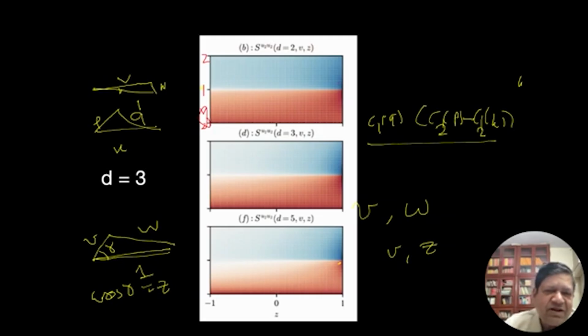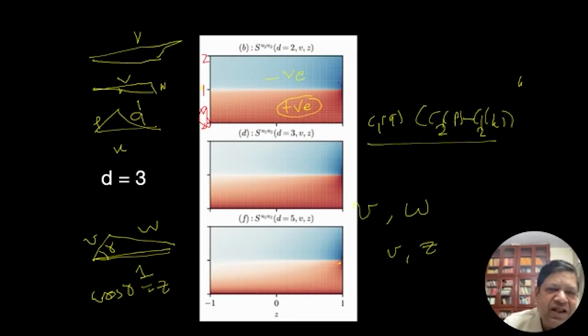What does it mean? When V is bigger than 1, I get a blue curve which is negative. So this part is negative, and this part is positive.